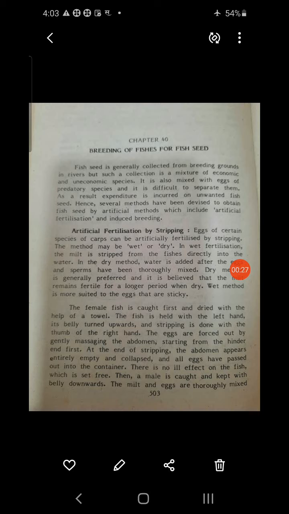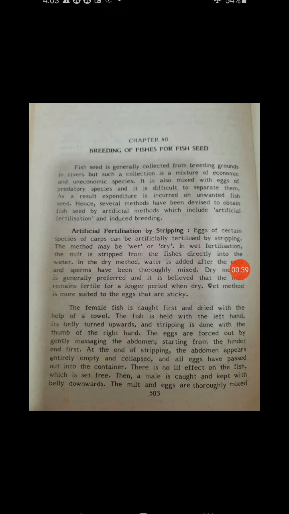So it is also mixed with the eggs of predatory species, and it is difficult to separate them. As a result, expenditure is incurred on unwanted fish seed. Hence, several methods have been devised to obtain fish seed by artificial method, which include artificial fertilization and induced breeding.